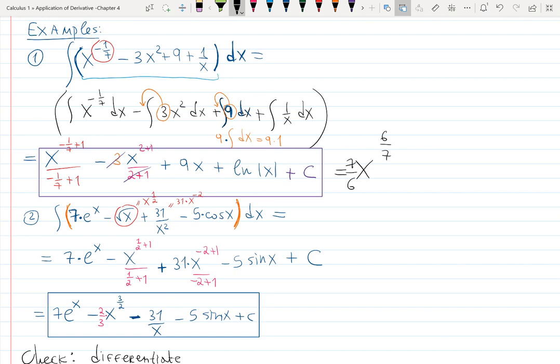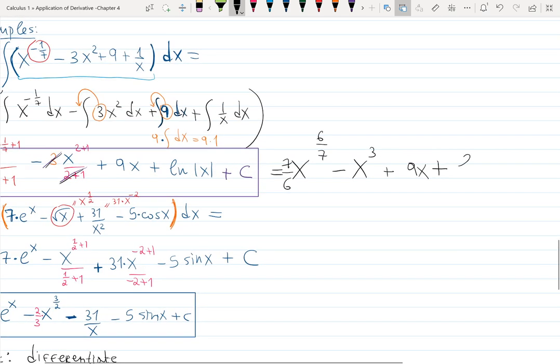Dividing by 6/7 gives you multiplication by the reciprocal. So 7 over 6. Minus 3 cancelled out with 2 plus 1. So it gives you minus x cubed, just like we expected. Plus 9x and plus natural log absolute value of x plus c.